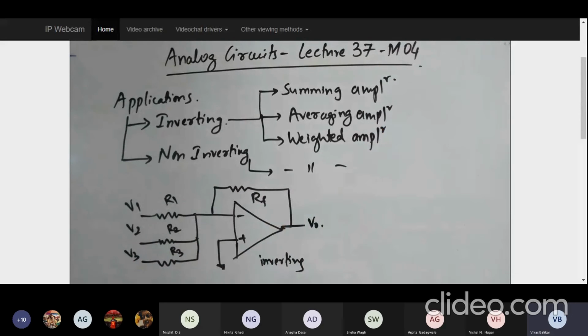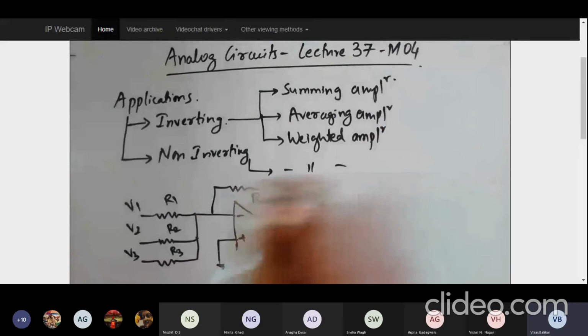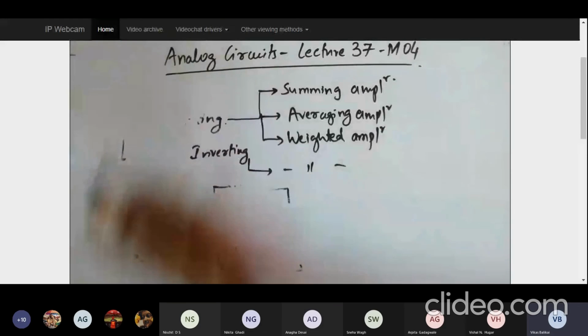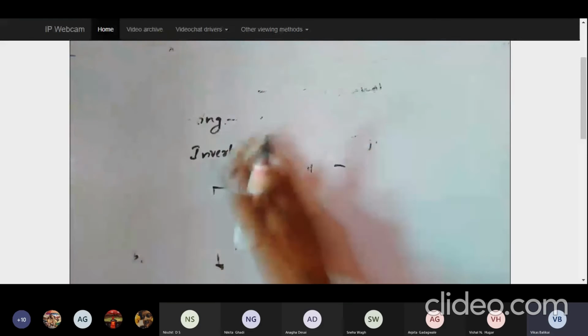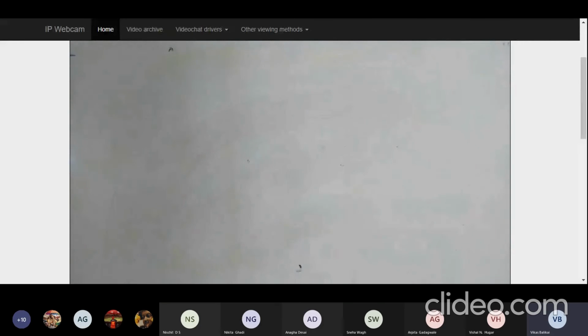So now let's move ahead and discuss the non-inverting configuration and how exactly the circuit looks. We'll draw the circuit with respect to the non-inverting configuration, and present what features are available in it.